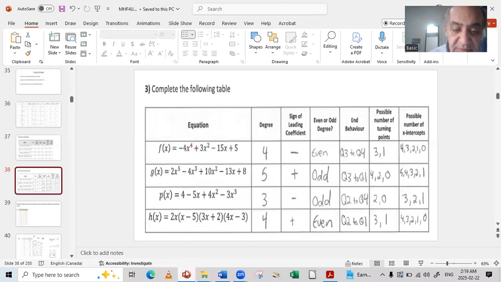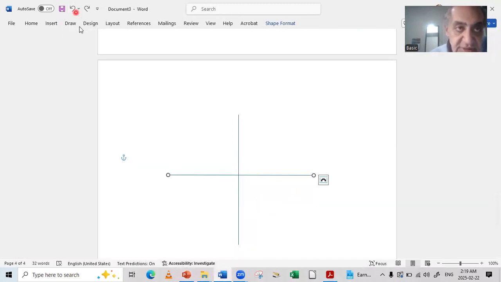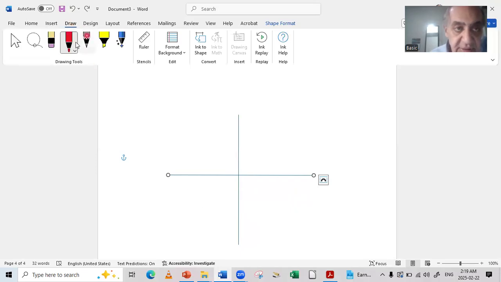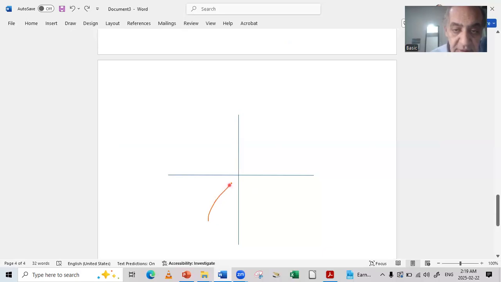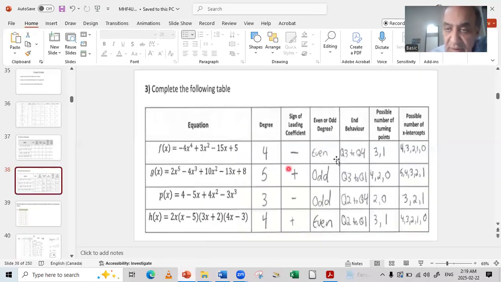That means it will be here, guys, like this. I will just draw it as an example here. Take a pen and draw it. It will be in this area that way. Here, it will be in that area that way. Okay, quarter 3 to quarter 4, and it ends in quarter 4. That is the end behavior, from quarter 3 to quarter 4.